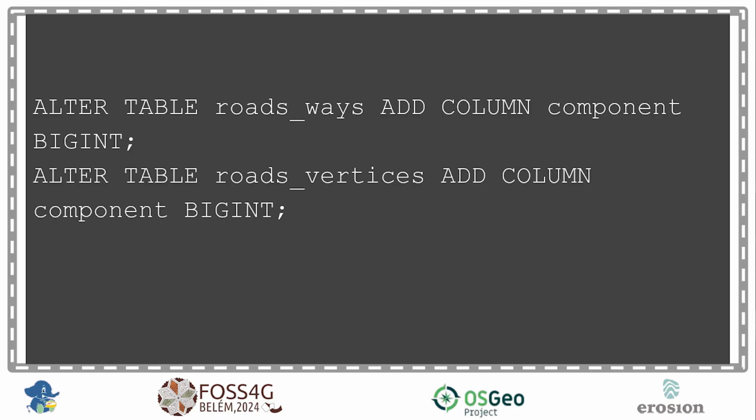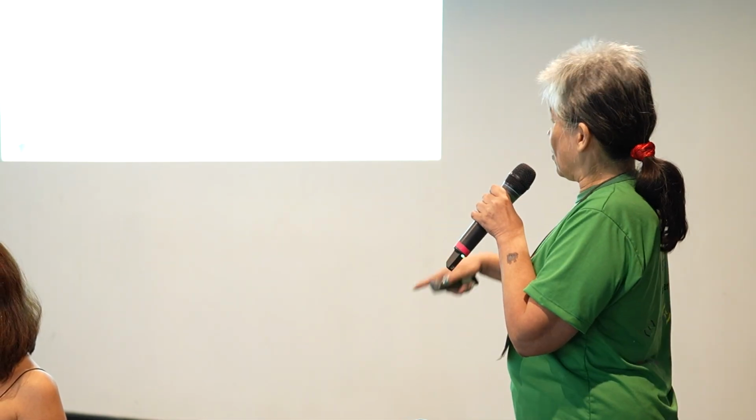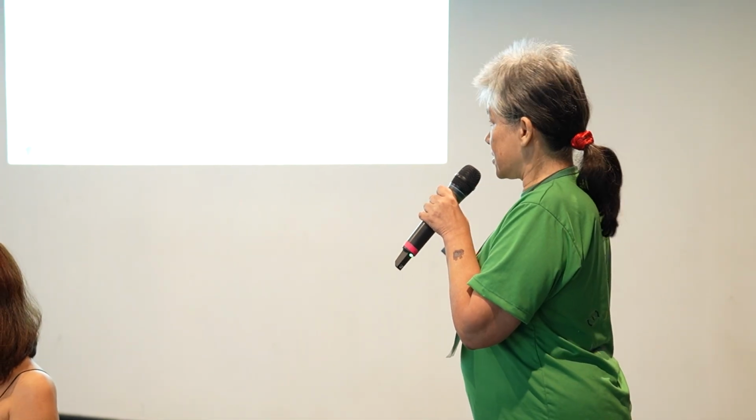So, now that we have our vertices and our edges tables created on the database, we're going to add to both tables a column named component. We're going to fill up the component column first on the vertices table using a pgRouting function, and then we're going to fill up the edges table using the results stored on the vertices table.